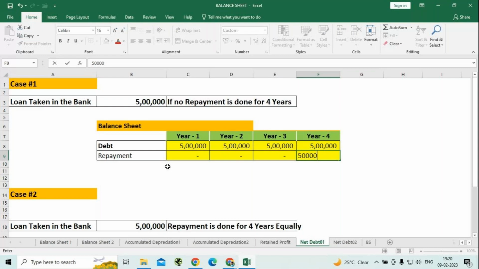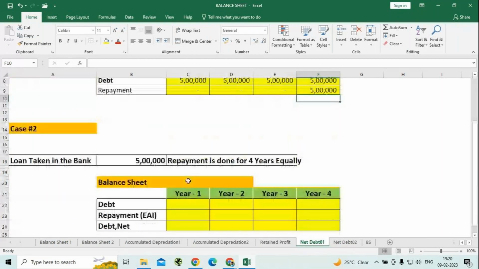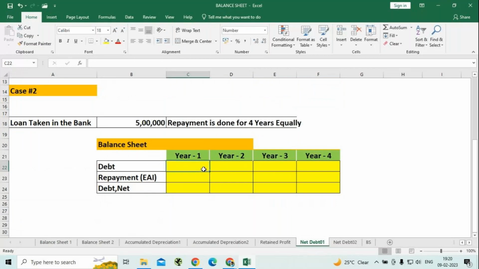There are situations where they don't take the money till the end of that period, so the repayment can happen like this. At the same time, there are people who ask to pay the money in equal installments for all the years. So the debt is 5 lakh.